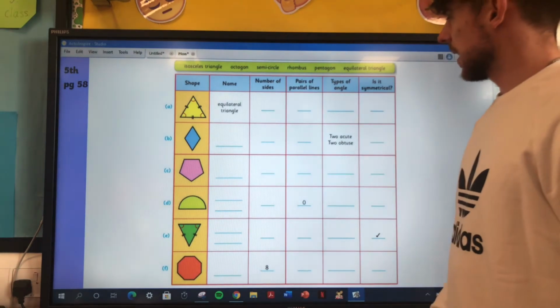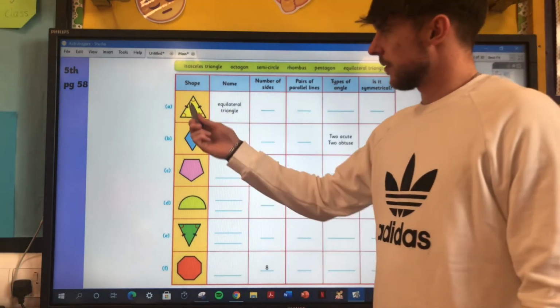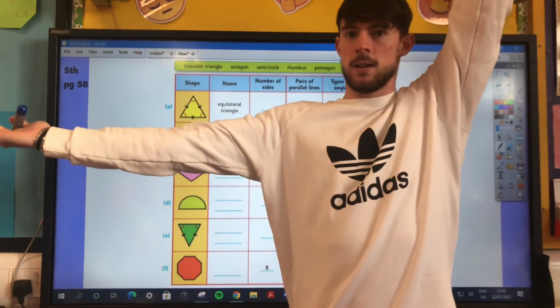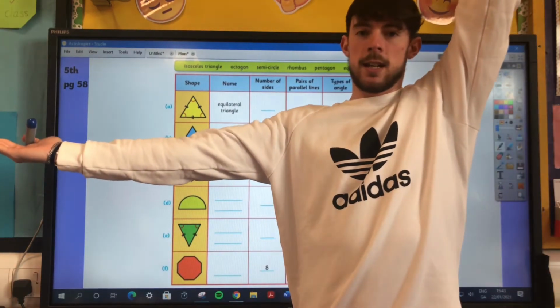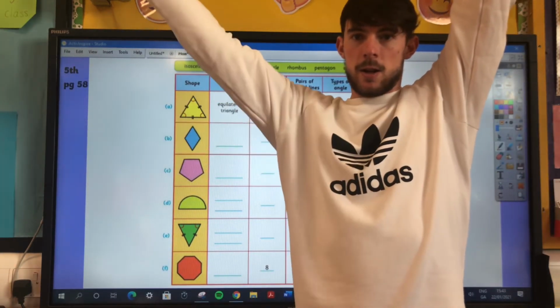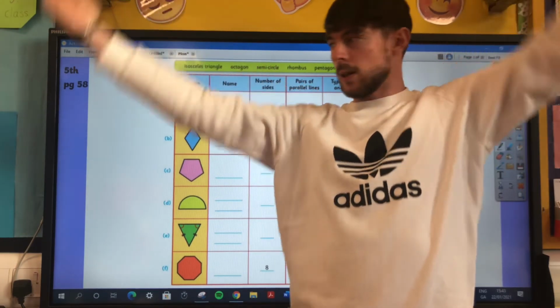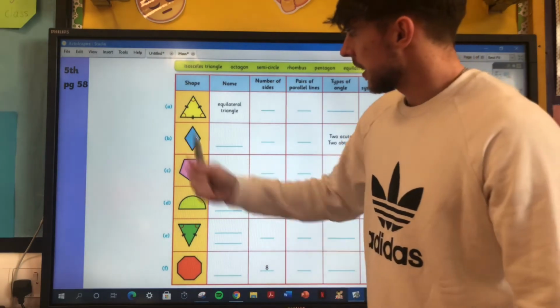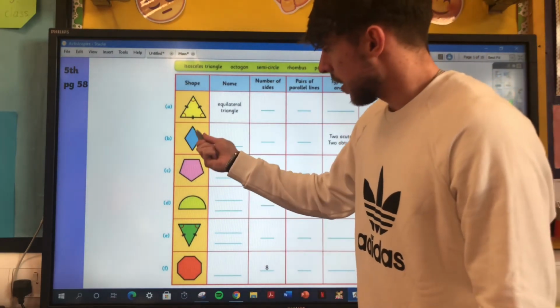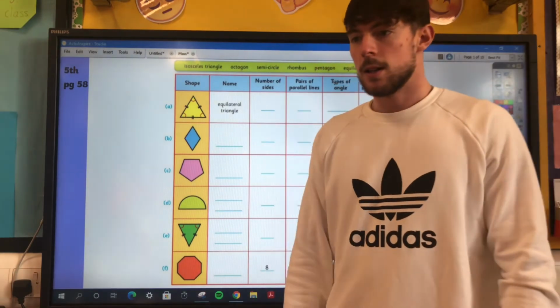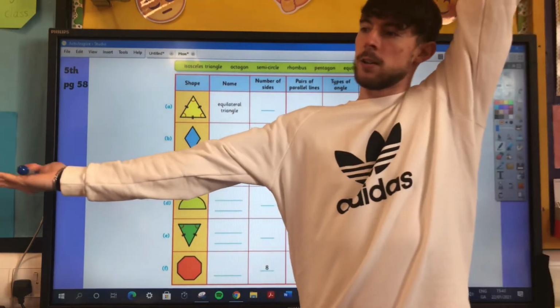So what types of angles do we have in this one? Are they bigger or smaller than a 90 degree angle? They're smaller, aren't they? So what's the one we call smaller? They're acute, aren't they? You have to check out what angles are inside there. So it's all about what's bigger or smaller than 90.